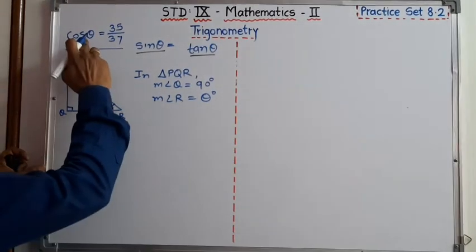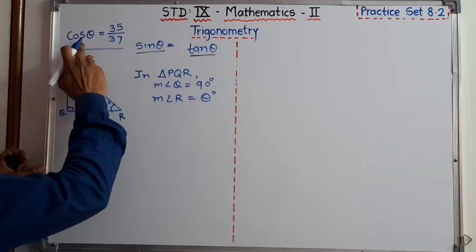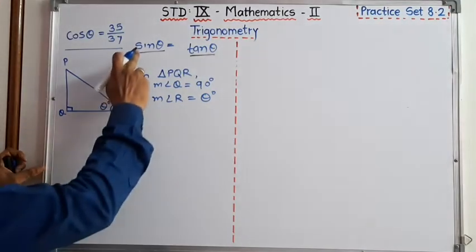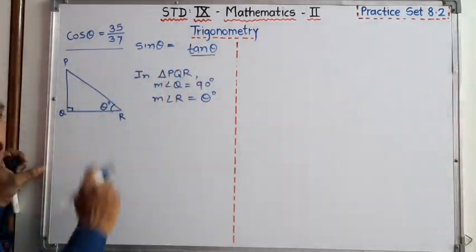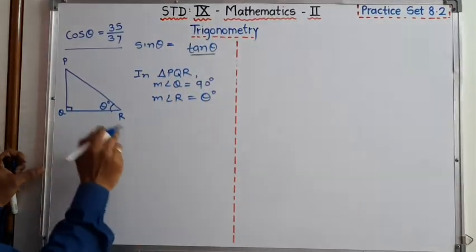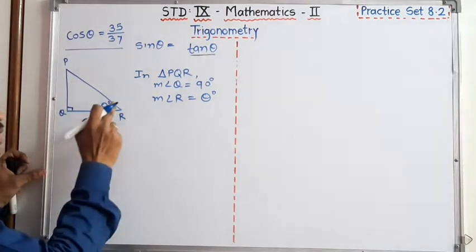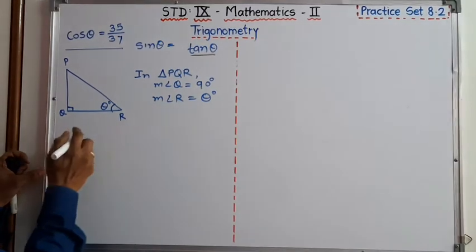Dear student, the cos ratio is given. Cos theta is 35 upon 37, and we have to find out sin theta and tan theta. For that purpose, first of all, what is given? Cos theta. Therefore, write down the cos ratio for this triangle.